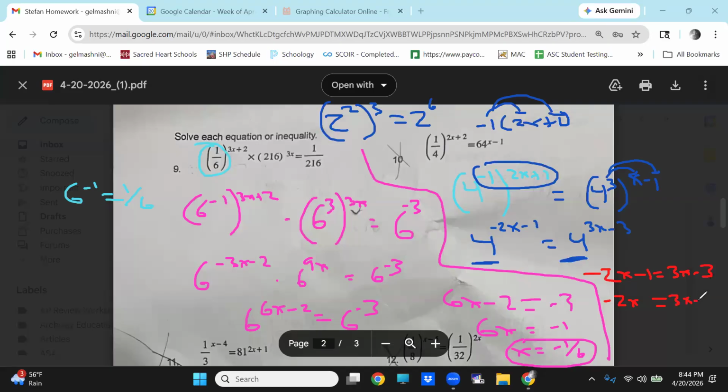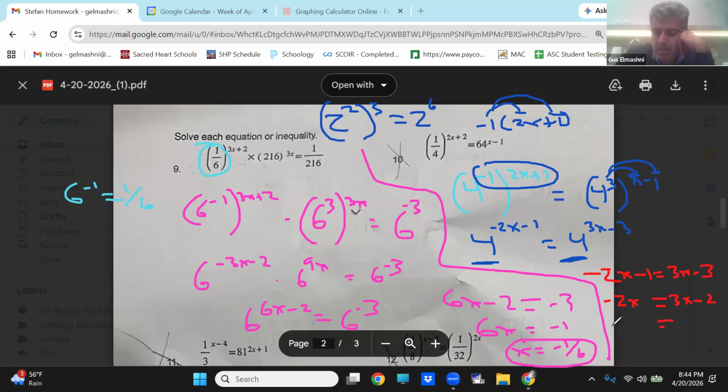Whatever you do to one side, do to the other side. I do plus 1 plus negative 3. So you subtract 3x from both sides, right? Because you want to get rid of that 3x. Keep going. And then you get negative 2x equals 3x minus 2.